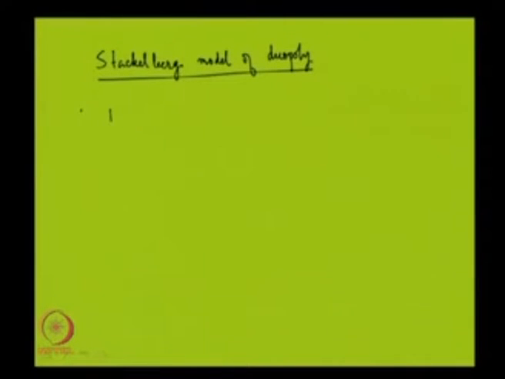If I want to write the entire thing in the language of game theory, I have to specify four things. First, the players: two firms are there. What are the terminal histories here?